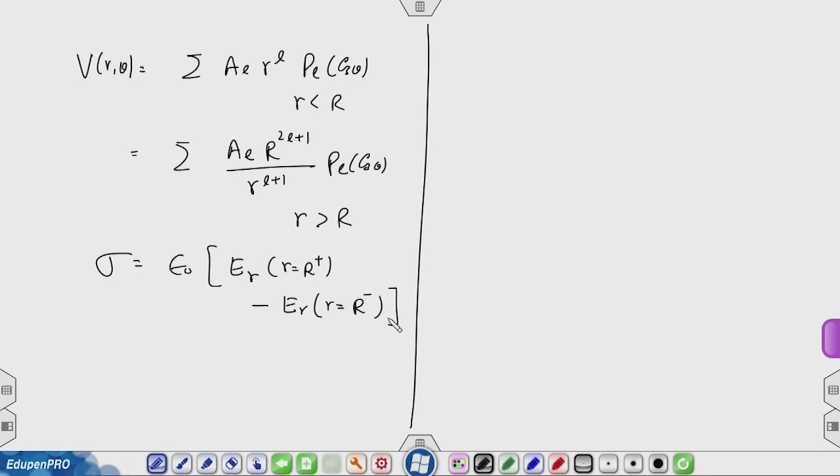And that will give me the coefficient A L, because now we have only one coefficient left. So, this gives me that for theta between alpha and pi, I have q over 4 pi R square, epsilon 0 I can bring to this side, is equal to minus dV by dr calculated for r plus, plus dV by dr calculated for r minus. That is this condition.